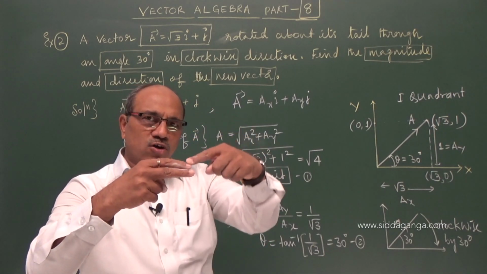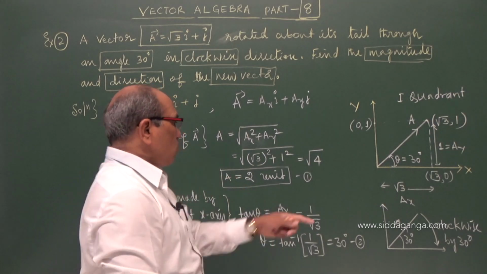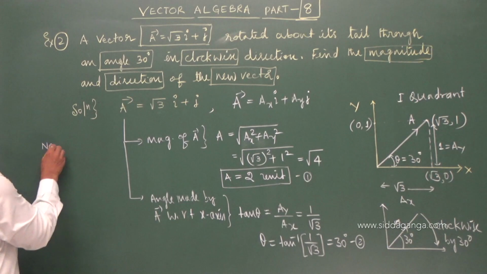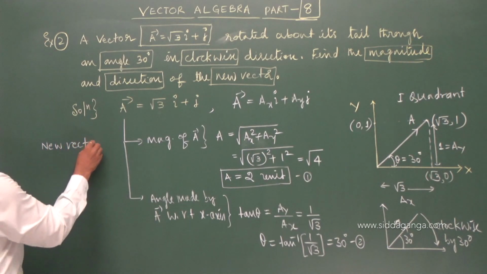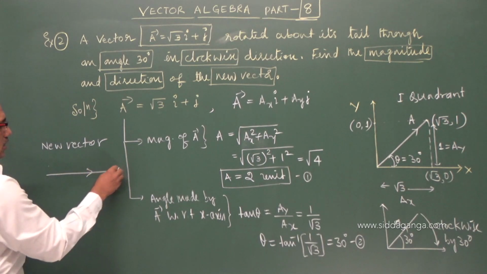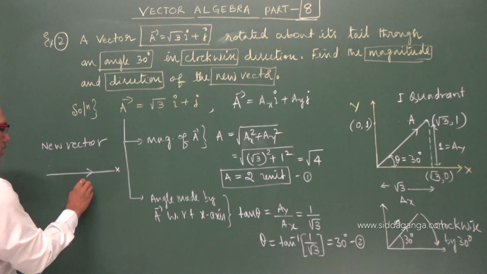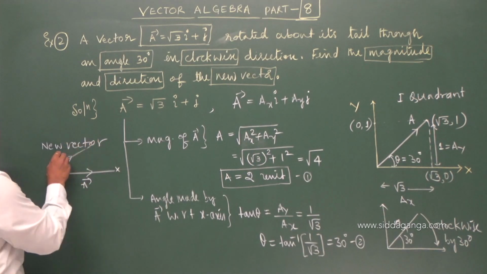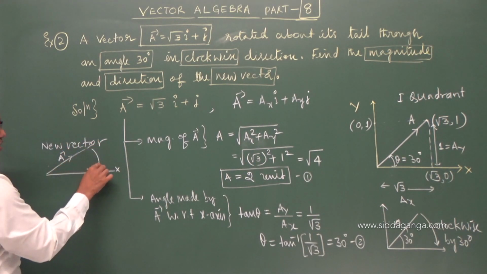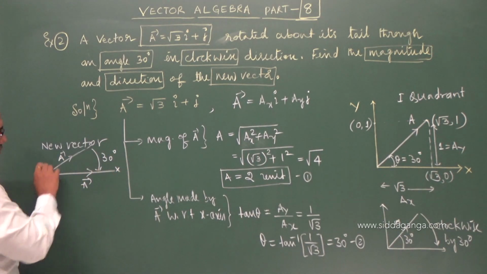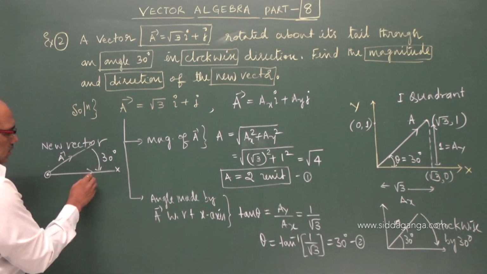If you rotate it clockwise, what happens? The new vector joins with the x-axis. This is the original position of vector A, and after rotating by 30 degrees it joins with the x-axis.